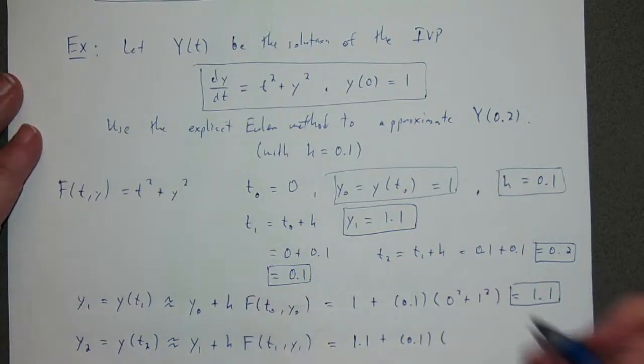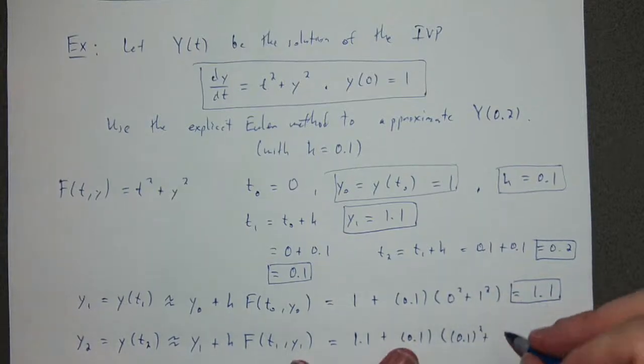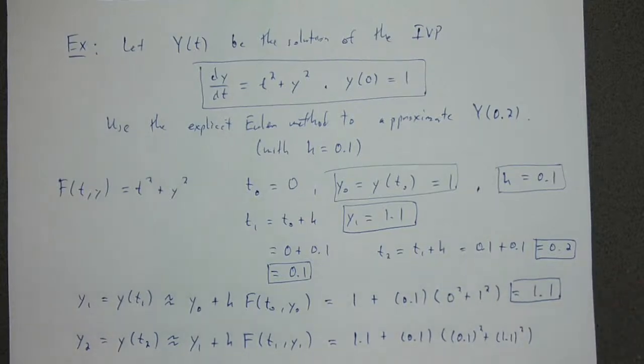So t sub 1 is 0.1, so this is 0.1 squared, plus y sub 1 is 1.1, so this is 1.1 squared. And if you work through this, so this turns out to be, at the end of the day, 1.222.